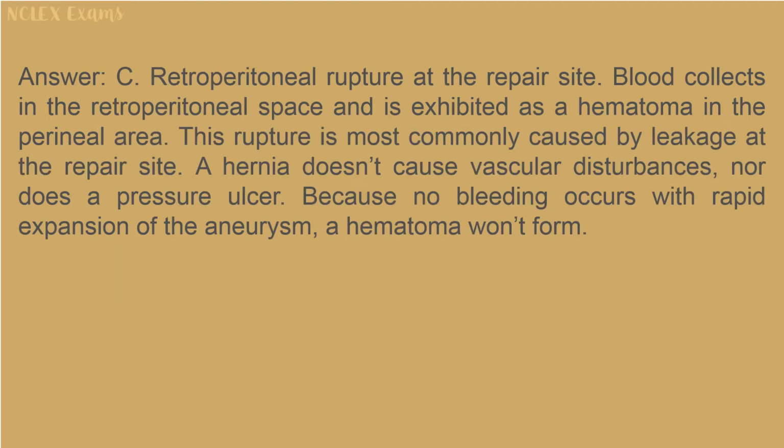Answer: C. Retroperitoneal rupture at the repair site. Blood collects in the retroperitoneal space and is exhibited as a hematoma in the perineal area. This rupture is most commonly caused by leakage at the repair site. A hernia doesn't cause vascular disturbances, nor does a pressure ulcer. Because no bleeding occurs with rapid expansion of the aneurysm, a hematoma won't form.